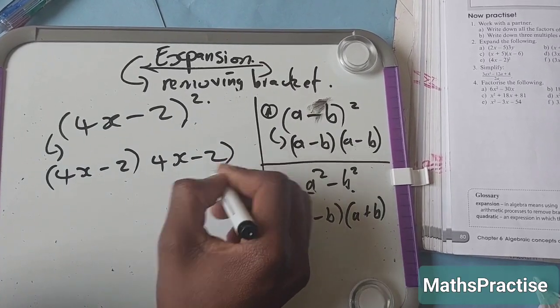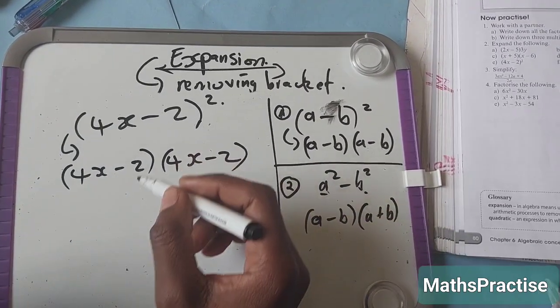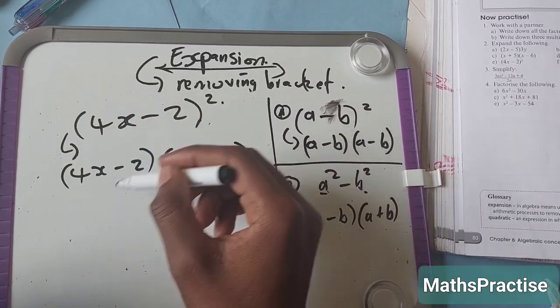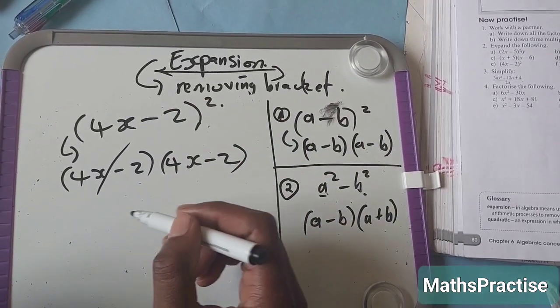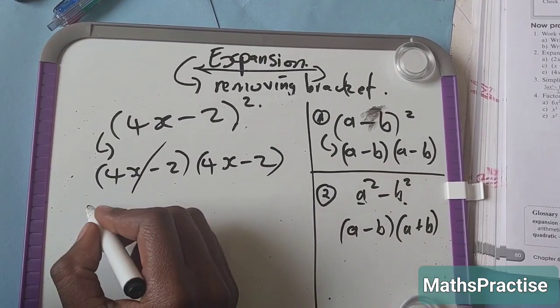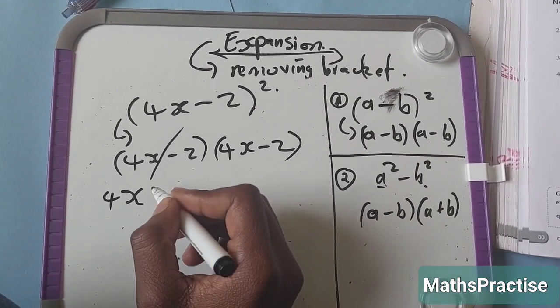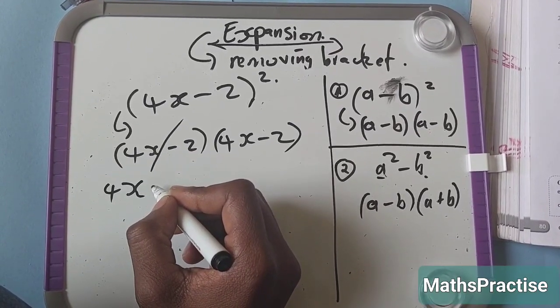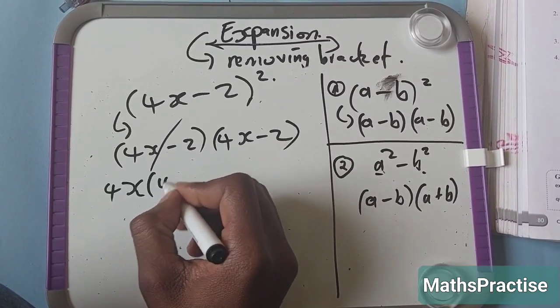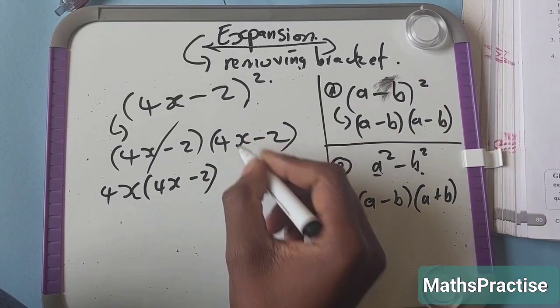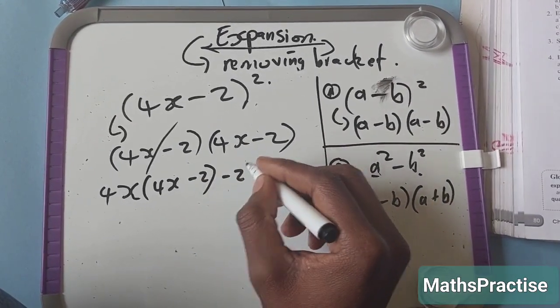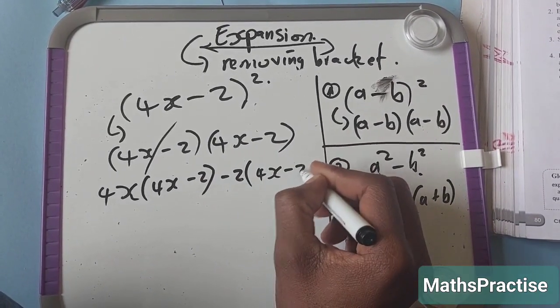Then the next thing you're going to do is break one bracket, like the first one. So you're going to be left with 4x bracket 4x minus 2, then we have minus 2 bracket 4x minus 2.